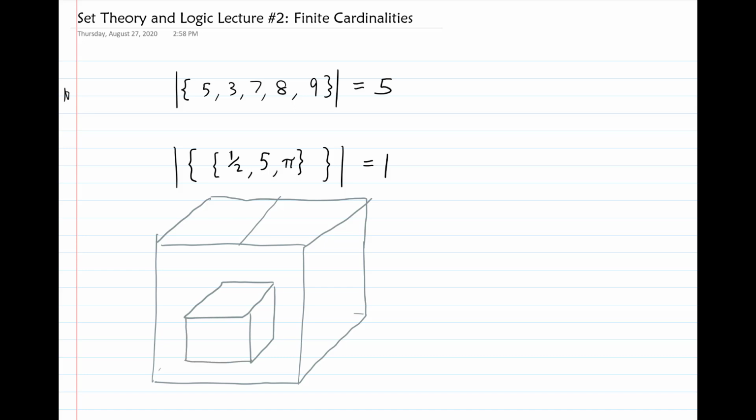You see how I'm making these boxes closed? I'm doing that on purpose. It's like they're taped closed, okay? And inside that little box are 3 numbers. There's a block with a 1/2, and a block with a 5, and a block with a pi.